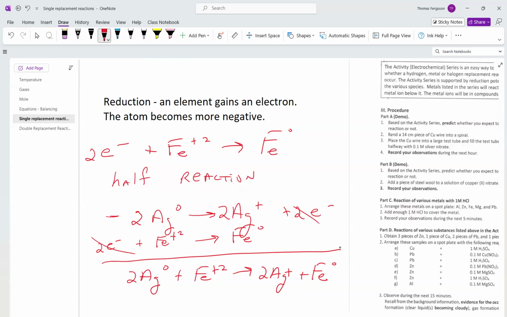So this you have to memorize. Oxidation, losing electrons. 0 means negative, or it means neutral charge, right? Exactly. That means it's a metal too. Metal. Yeah.